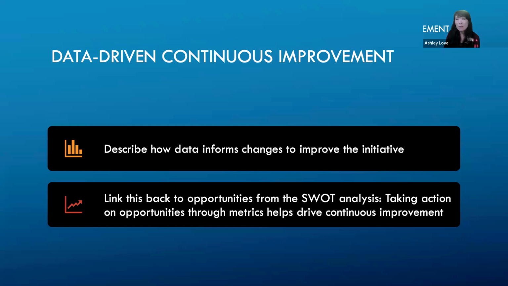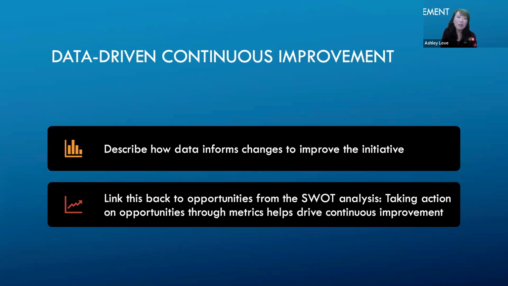So in order to have a data-driven continuous improvement, a lot of people say, well, things have improved over the years, but the thing is, show me the data. So, I mean, it's show me the money, right? But in program evaluation, as well as anytime you're asking for money, they want to know, give me the evidence that it works. So describe how data informs change to improve the initiative.